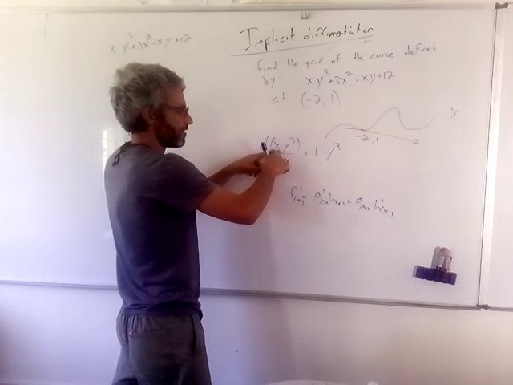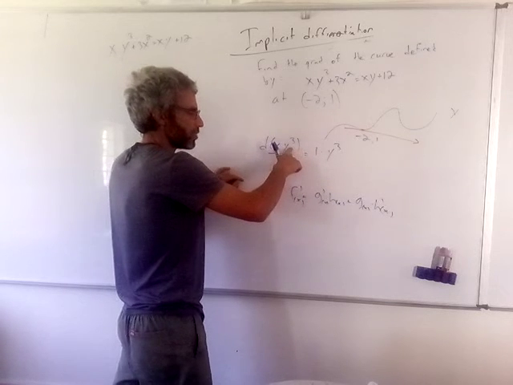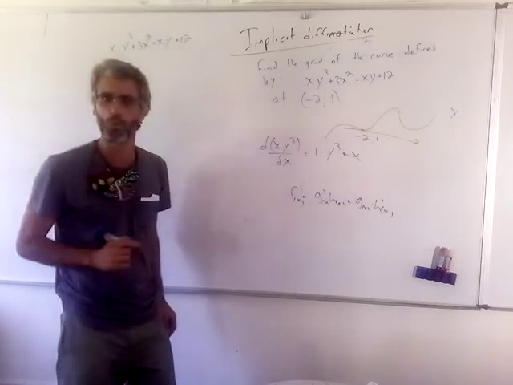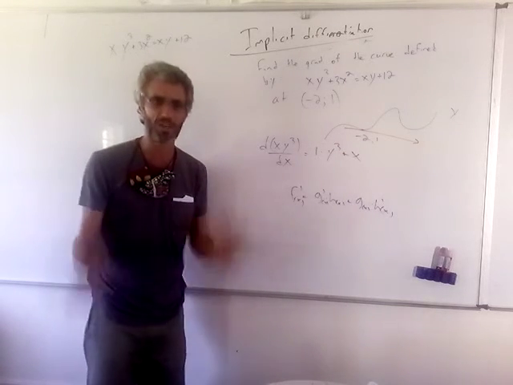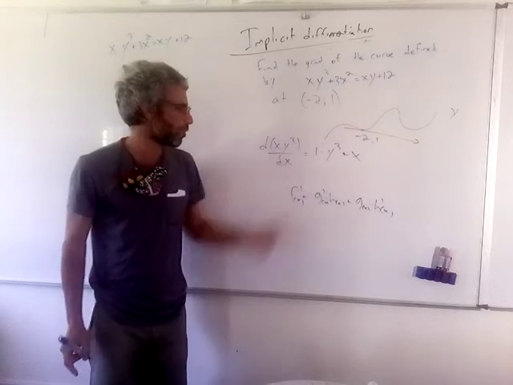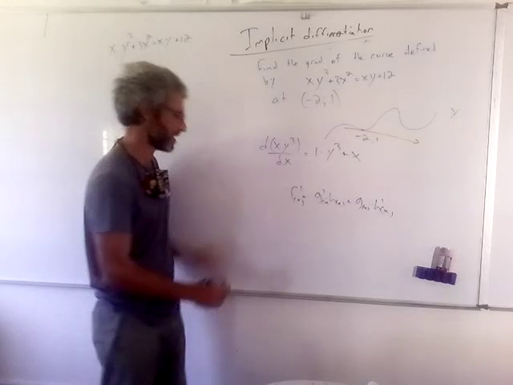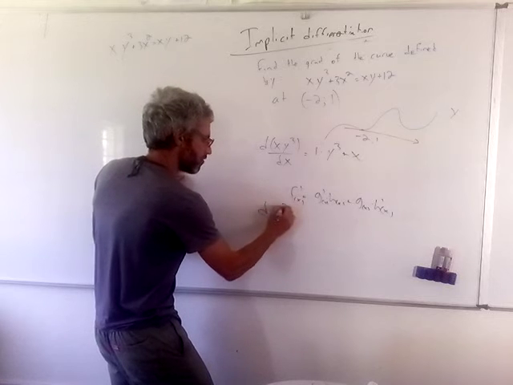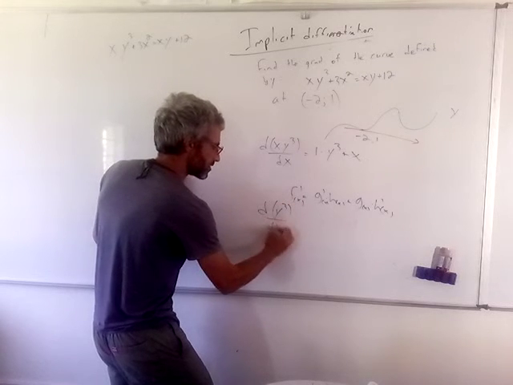So we did the derivative of x, which is 1, times y cubed, plus now we need x times the derivative of y cubed. What is the derivative of y cubed? Now we need to use the chain rule. That's the tricky bit, the thing you're not so used to. What's the derivative of y cubed with respect to x?